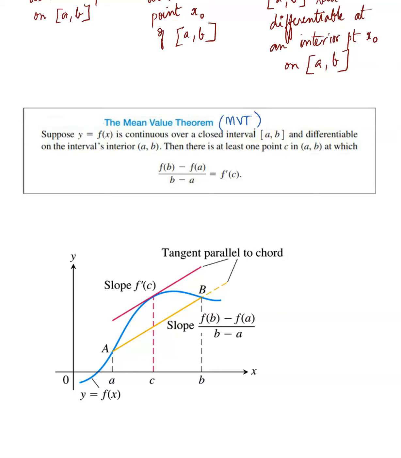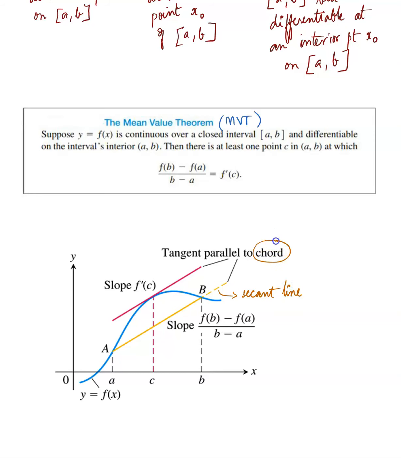MVT guarantees that there is a point where the tangent line, look at this red line, is parallel to the secant line joining any 2 points on the curve A and B, particularly the endpoints A and B. So if you were to find the slope of the secant line, you'll find another point where the tangent line is parallel to the secant line. So this is the secant line.